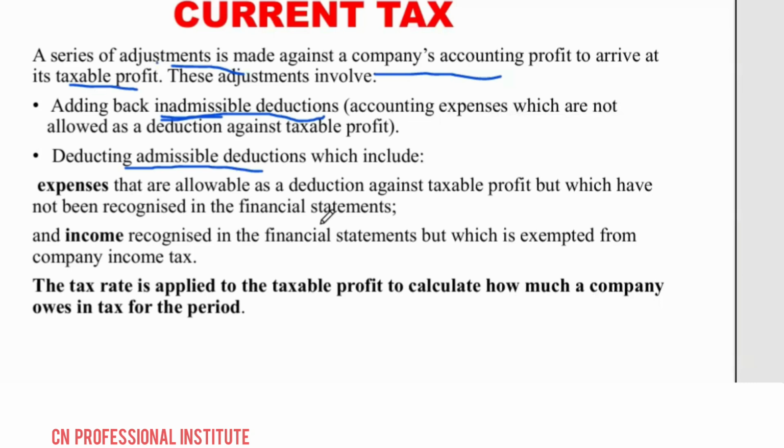So there are some expenses which are allowed from the perspective of the tax authorities. If they are allowed but we've not yet deducted them, you can go and deduct them. And then there is income recognized in the financial statement but which is exempt from company tax. You see, how do we get that profit? We said we add all our income, we less all expenses, and we get that profit.